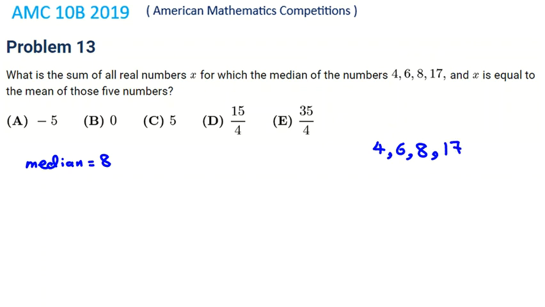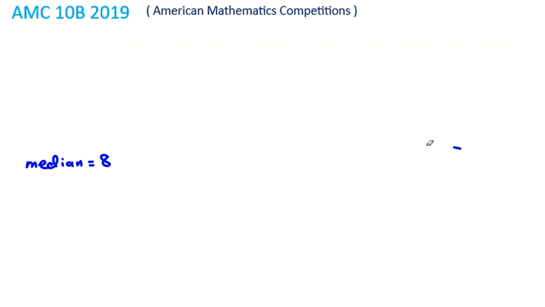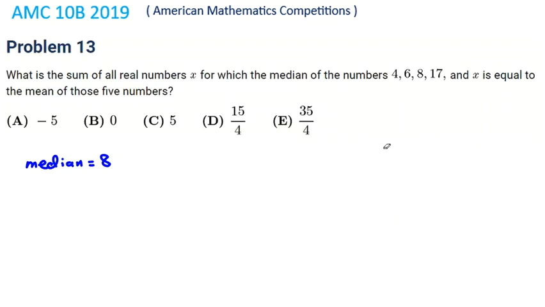I want to consider places, so let me write them with more space: 4, 6, 8, 17. Now x can be here: x less than or equal to 4, between 4 and 6, between 6 and 8, between 8 and 17, and greater than 17. And I want to calculate the median in each case.